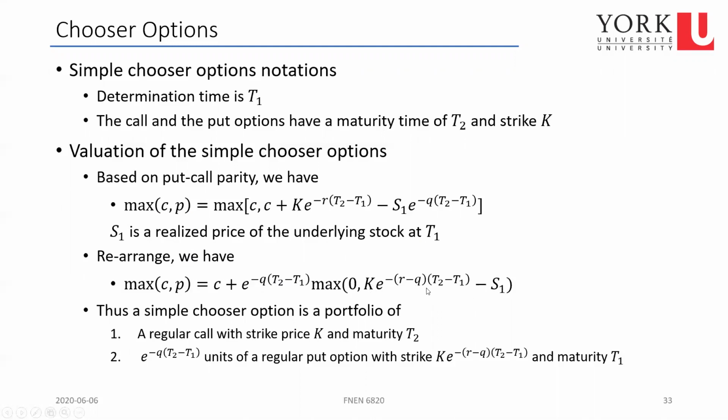So this thing is really like a put payoff. So we have turned this payoff function into this, which means that our chooser option is nothing more than a regular call, this thing here, with the strike K and maturity T2.